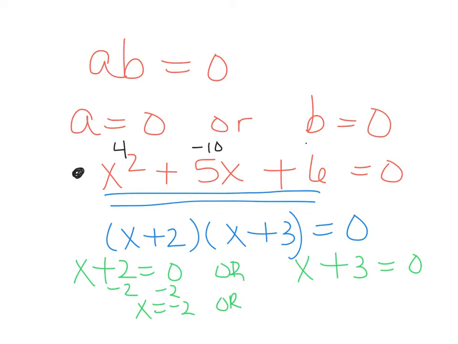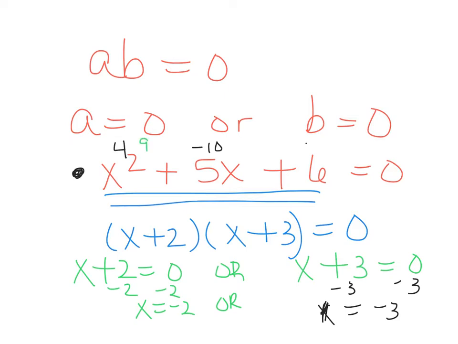Oh, that's a solution. Well, what about X plus 3 equals 0? If I subtract 3 from both sides, X is negative 3. So what does that mean? If I go back to where I just was, and I'll use a different color, what is negative 3 squared?